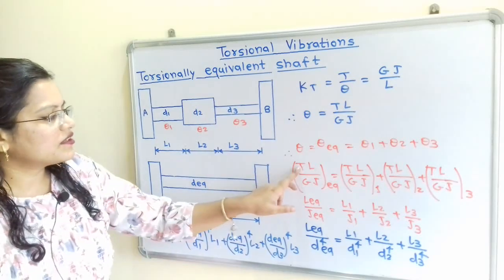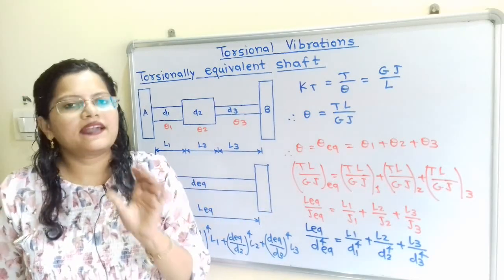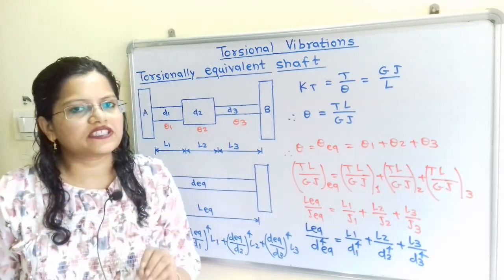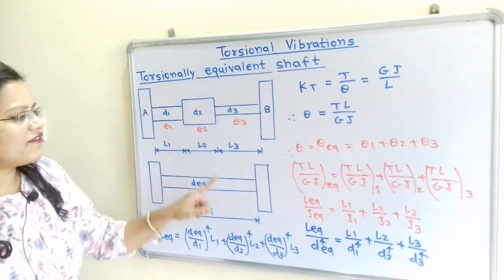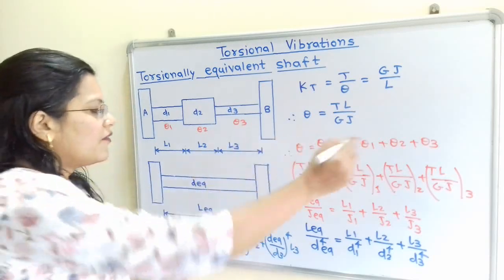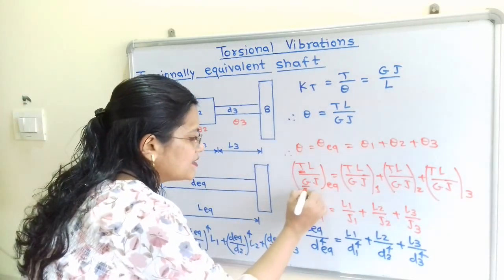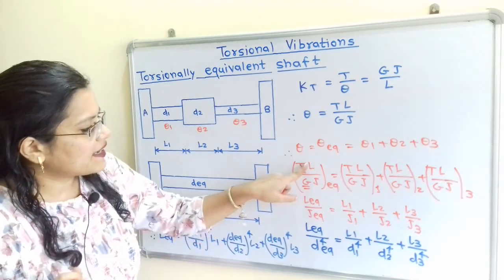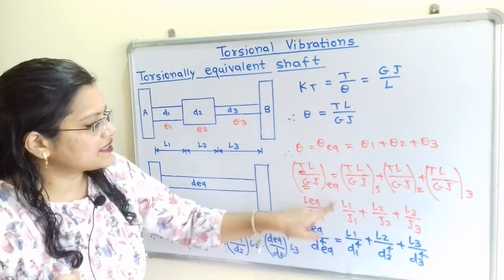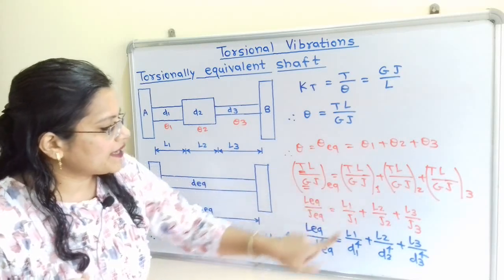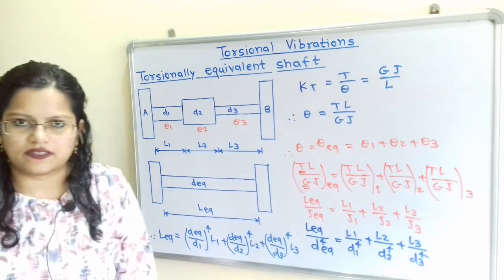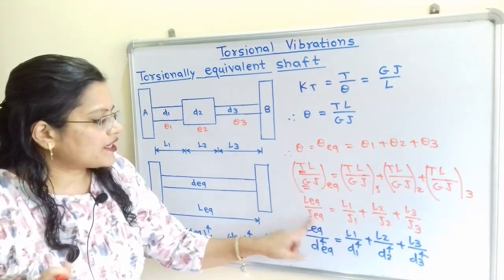If we observe, T, the applied torque, should be the same, as well as G. G is the modulus of rigidity for the shaft material. So these two parameters, T as well as G, are the same for each shaft. So we can say that L by J equivalent is equal to L1 by J1 plus L2 by J2 plus L3 by J3. Now what is this J?